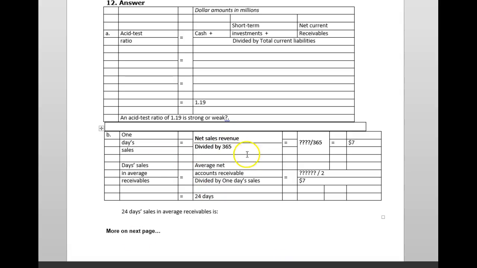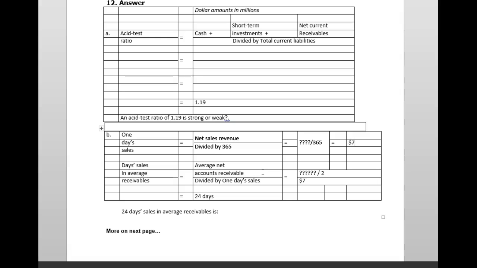To find the net sales revenue and divide it by 365, that's a given for you. Okay? That gives you $7 a day. That's one day's sale, and that would be in thousands, I'm sure here. Then you're going to take the average net accounts receivable, and that involves taking last year's balance and this year's balance in accounts receivable and dividing it in two.